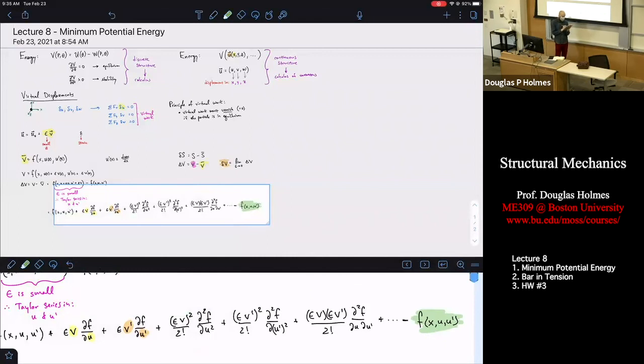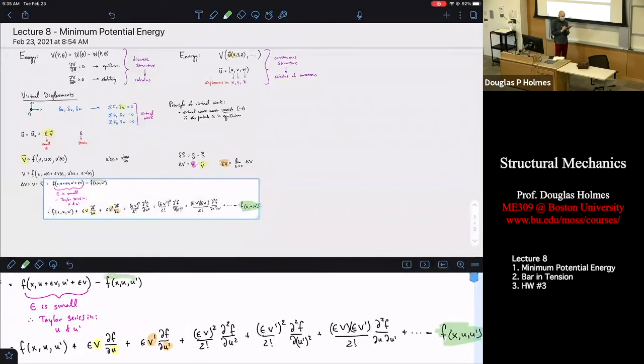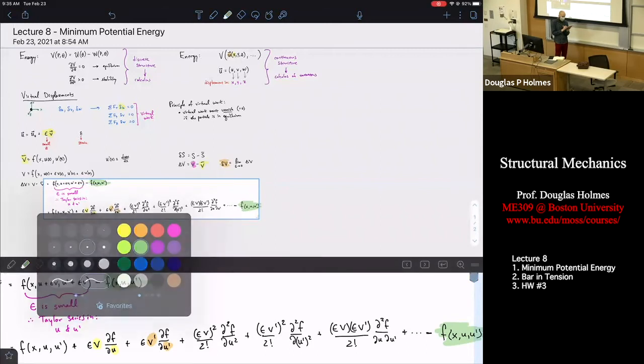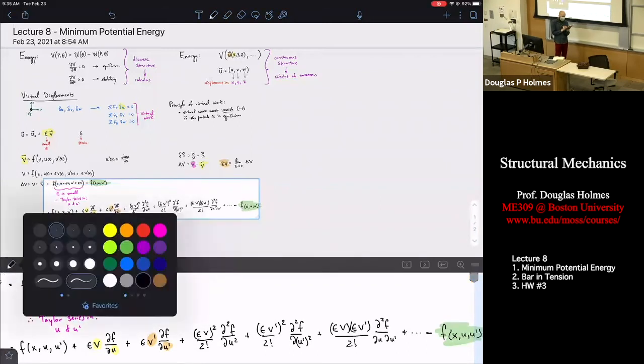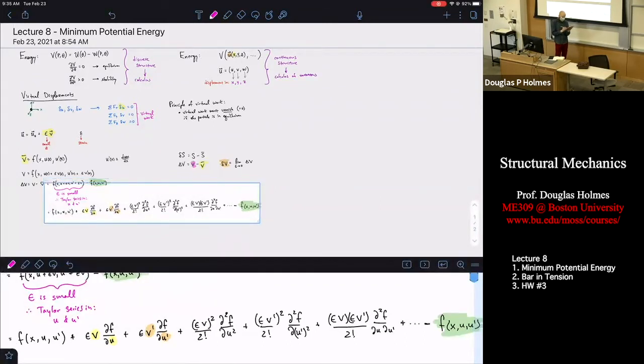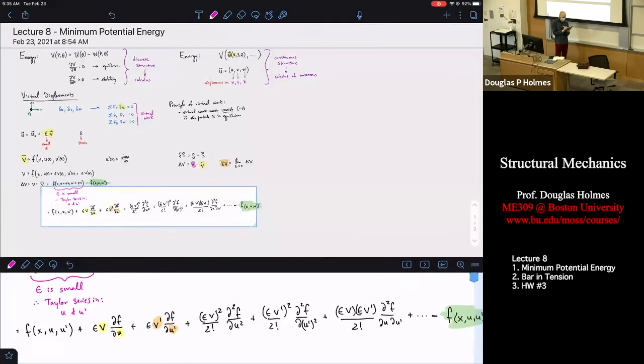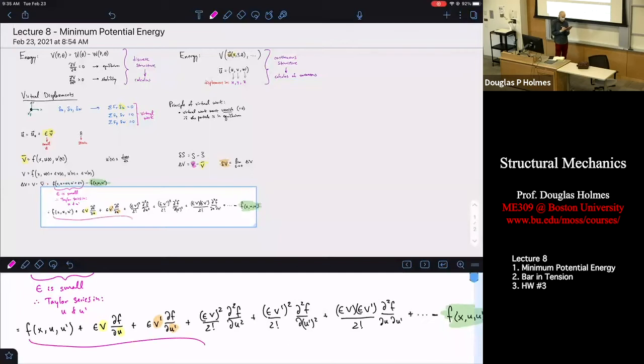This term is just this term. Give me a second and I'll try to explain what we've done here. This whole mess here is the Taylor series expansion. It's in 2 variables.